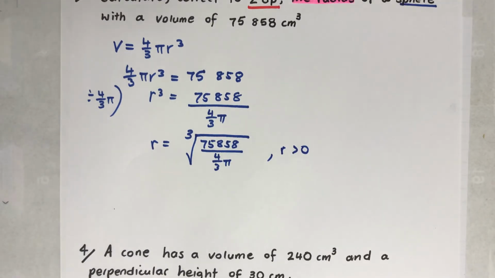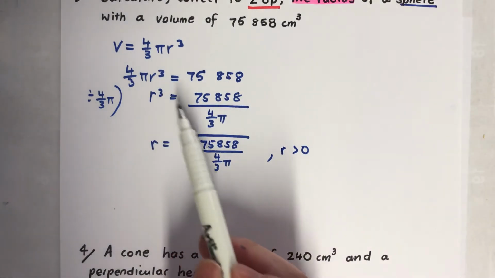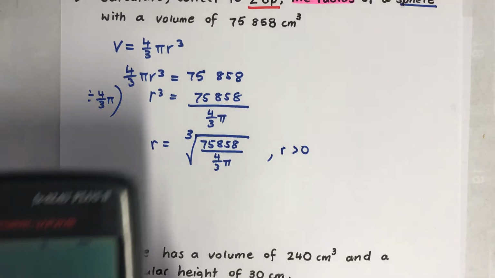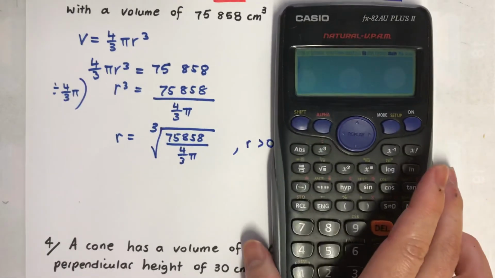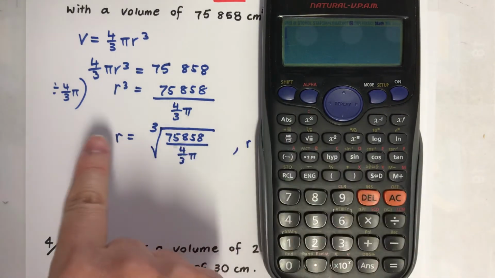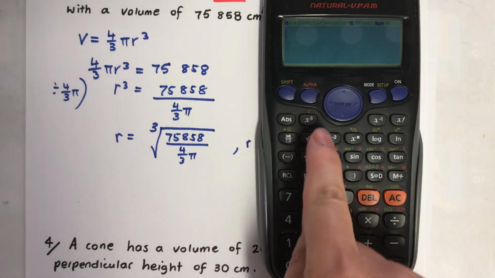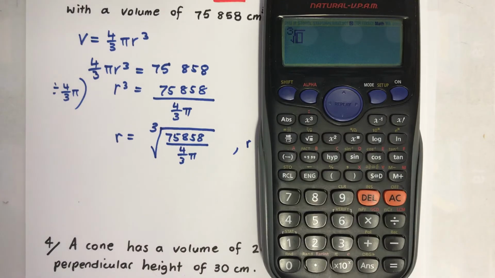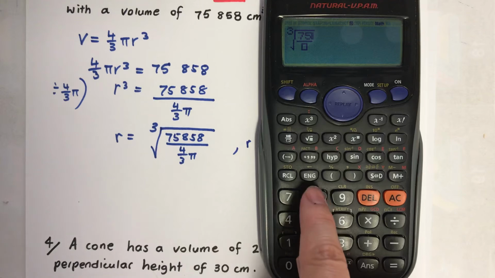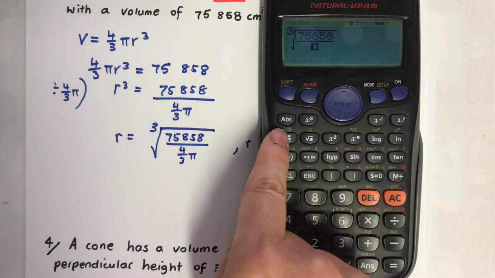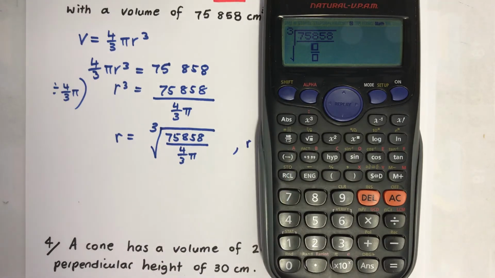And your calculator. Now, this cube goes to the other side, it becomes the cube root, a power of 1/3. So what I'm going to show you here, let's put that in, hopefully you can see it. This is shift, you can see that little yellowish color, say cube root there, and then press the fraction button, 75858. On the bottom, I'm going to press the fraction button one more time.